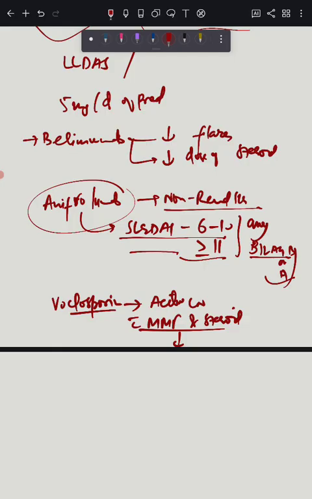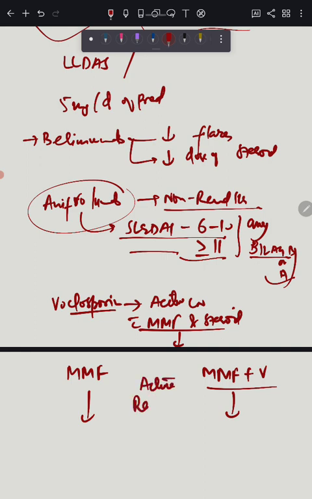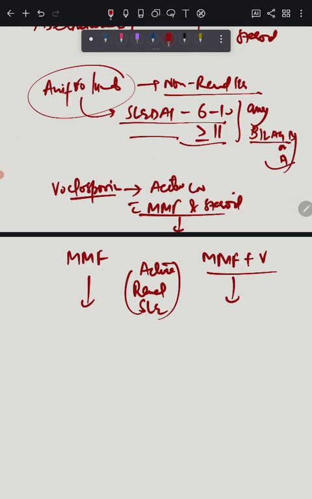So when you give MMF alone versus MMF plus voclosporin for induction or maintenance, in case of active renal SLE, the rates of remission improved with this compared to giving mycophenolate mofetil alone.